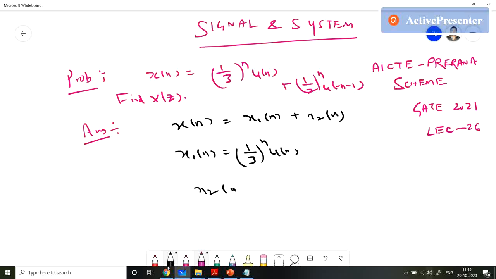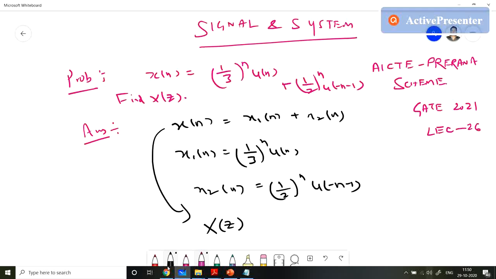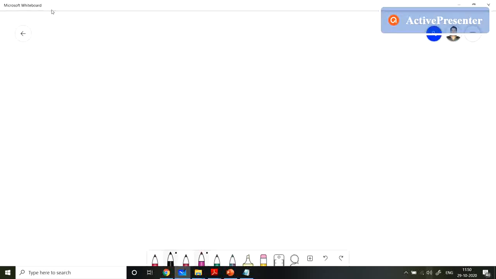And what is x2[n]? x2[n] is (1/2)^n u[-n-1]. If we take the z transform on both sides, then X(z) is equal to X1(z) plus X2(z).